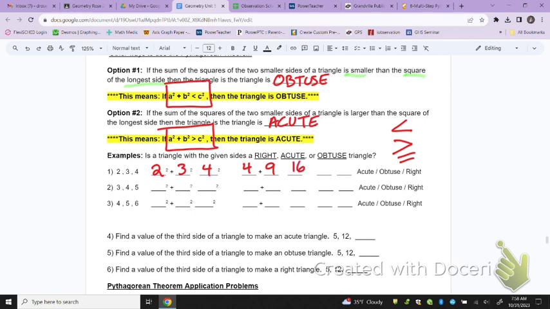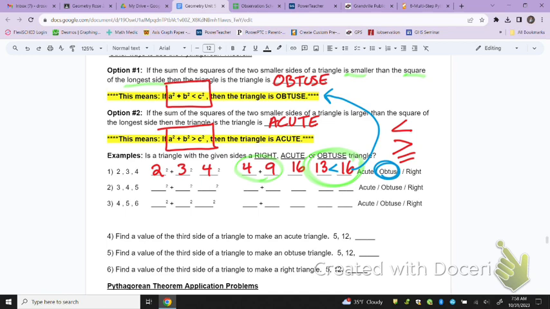We're going to add the two shorter ones together and then do a comparison. What's our comparison going to be? Hopefully you're saying that 13 is less than 16, which if I go back up here, is going to give me an obtuse triangle.